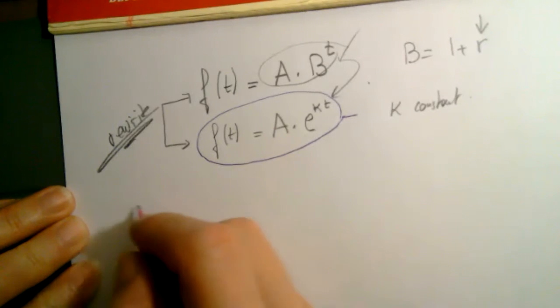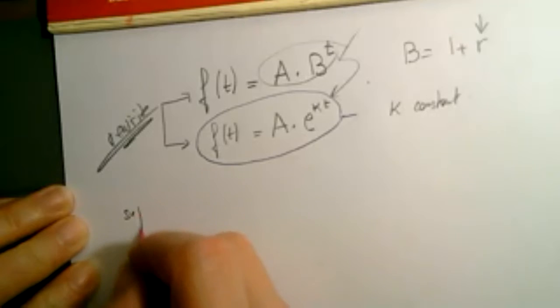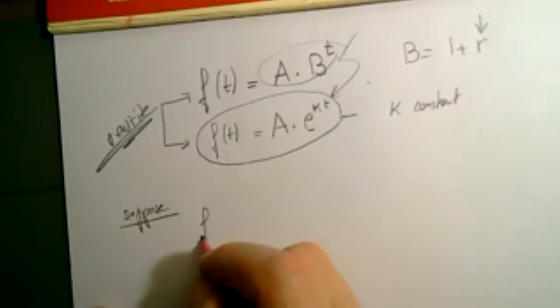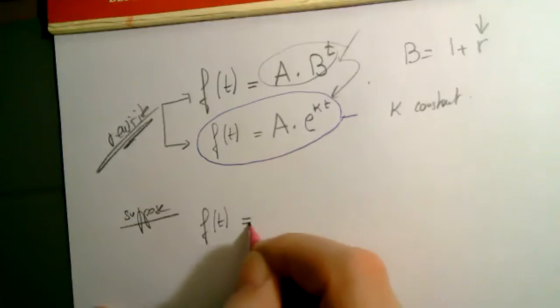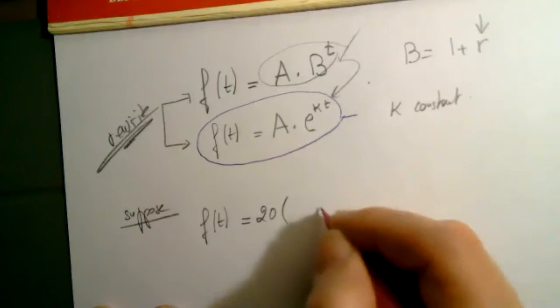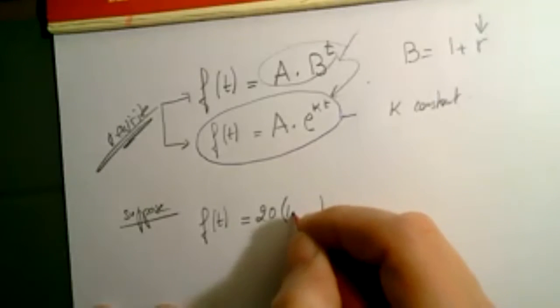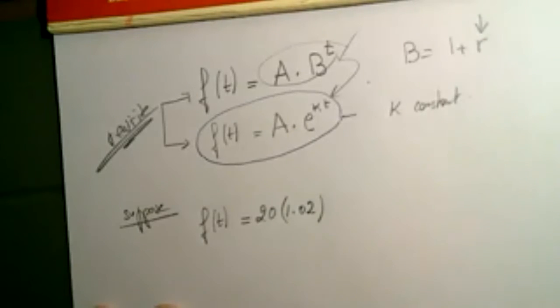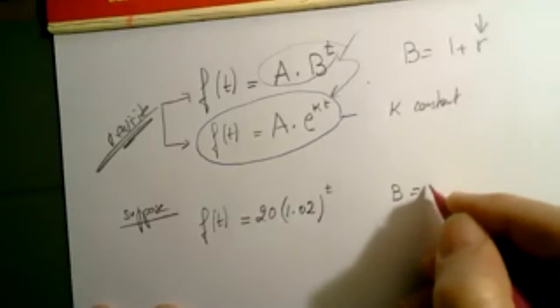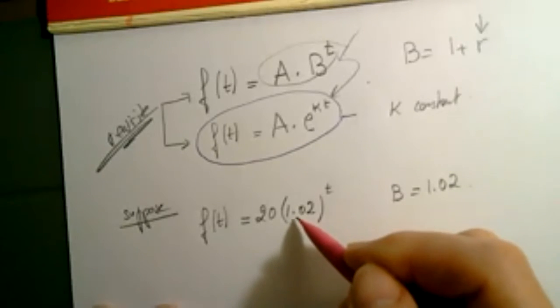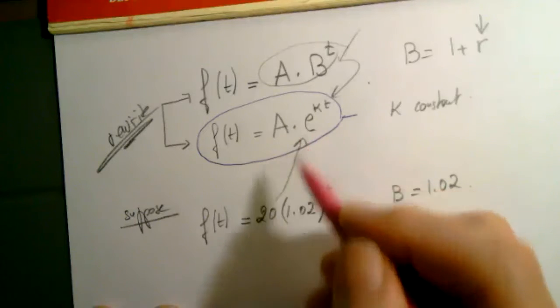Suppose I have a function f, and let us say f is 20 times 1.02 to the power t, representing a growth of 2%. So my b here is 1.02. My goal is to play a game and rewrite this into this format.